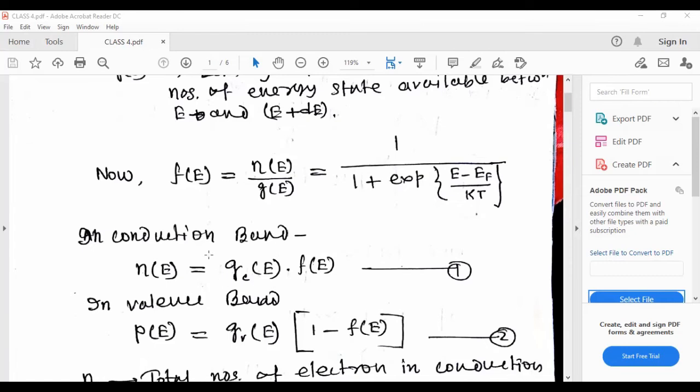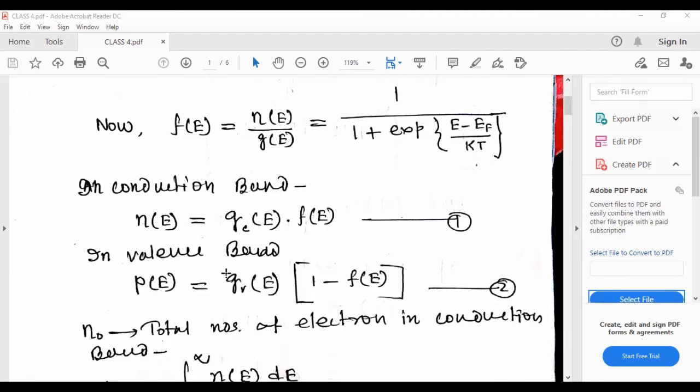Gc of E is the density of state of the conduction band, and f of E is the Fermi-Dirac distribution function. N of E is the number of electrons occupying the energy states between E and E plus dE for the conduction band.